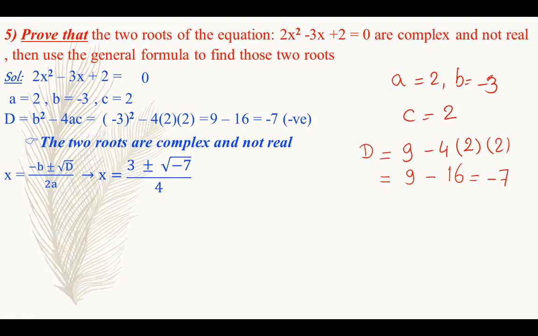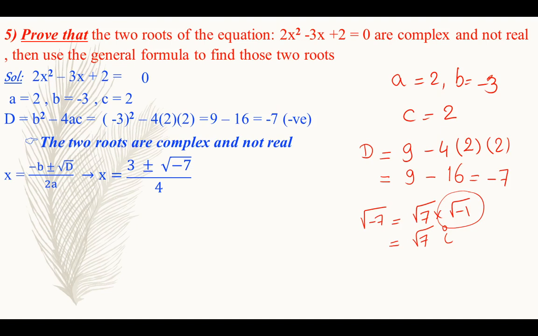Okay, I will give you a hint. The square root of negative 7 can be written as square root 7 multiplied by square root of negative 1. Square root 7 will be written as it is, and we will replace the square root of negative 1 by the imaginary number i. So the square root of negative 7 will be root 7 i. All of this over 4.